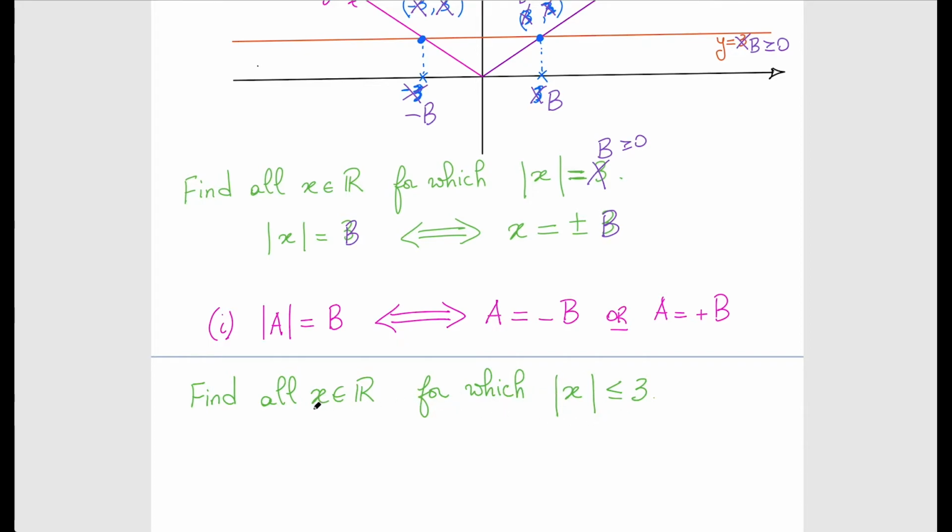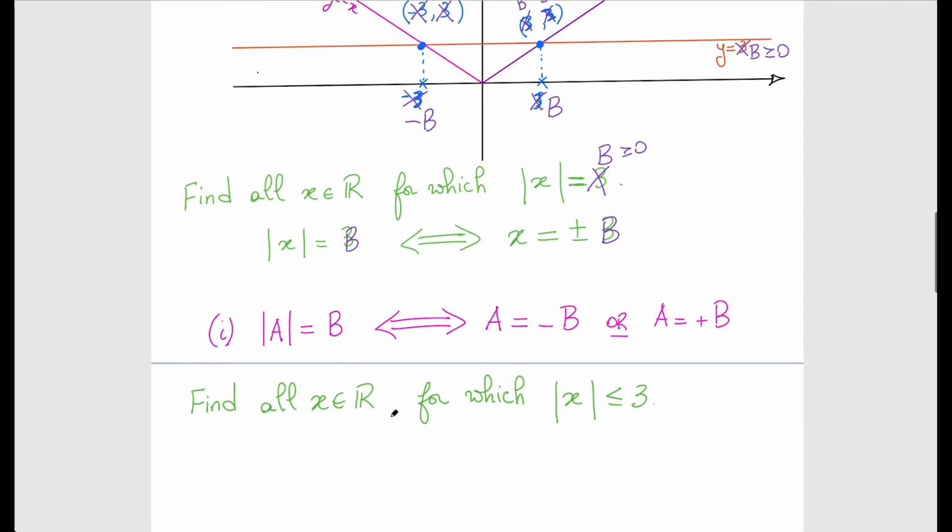So I want all the x coordinates. I'm talking about geometry now. This is an algebraic question, but I'm going to translate it geometrically, get information, and then go back to algebra. Find all the numbers for which the absolute value of x is less than or equal to 3.